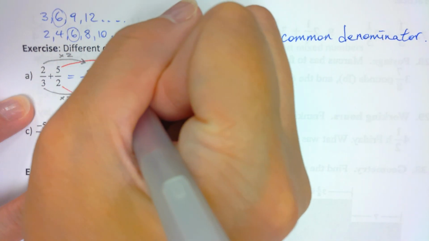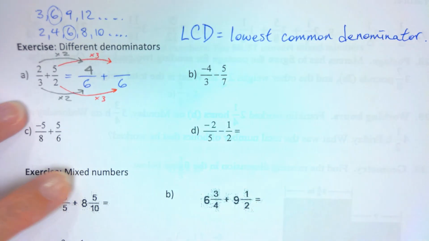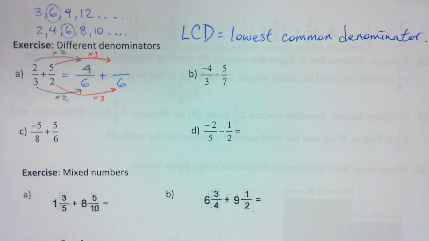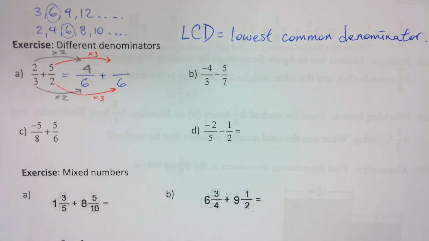Whatever you do to the top, you have to do to the bottom as well, because you're not changing the number, you're just making the whole fraction bigger. Just like as I was saying, the pizza, you're cutting it into smaller slices, but the pizza itself is still just the same amount. When you cut an extra large pizza into 10 slices versus cutting it into 12 slices, it's still an extra large pizza.